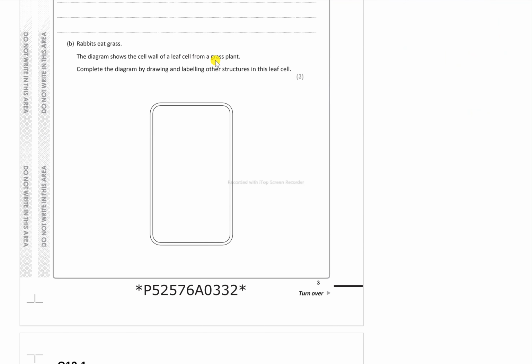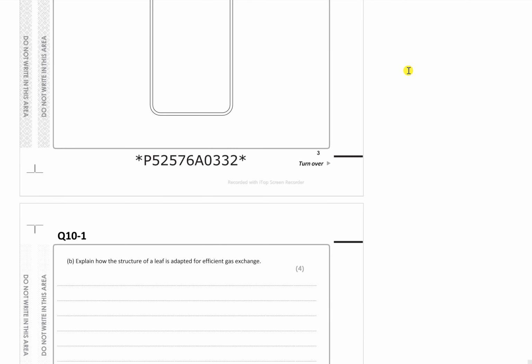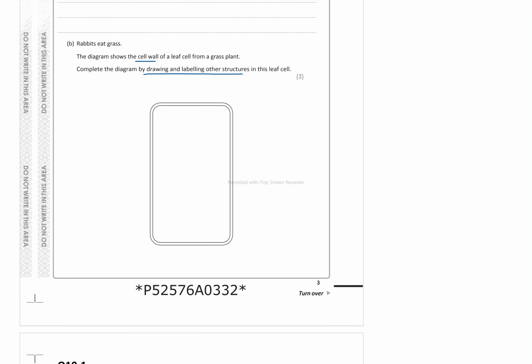Okay, rabbits eat grass, cell wall. We need to draw and label other structures in a leaf. Right, let's do this. So you've got here a cell wall, and inside you've got a cell membrane.